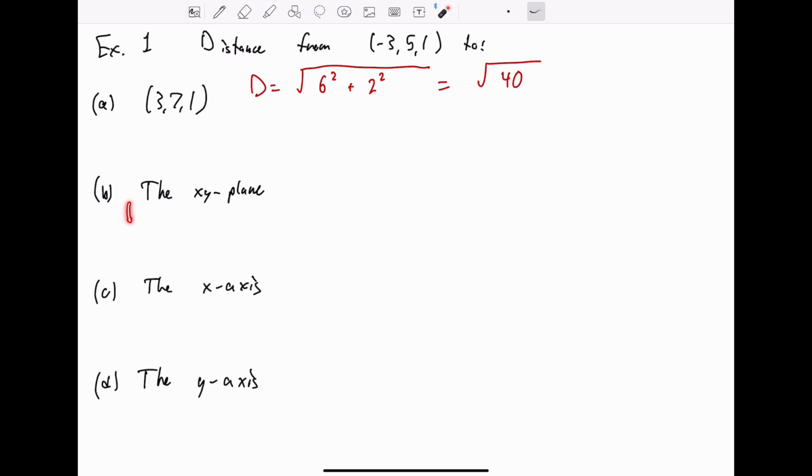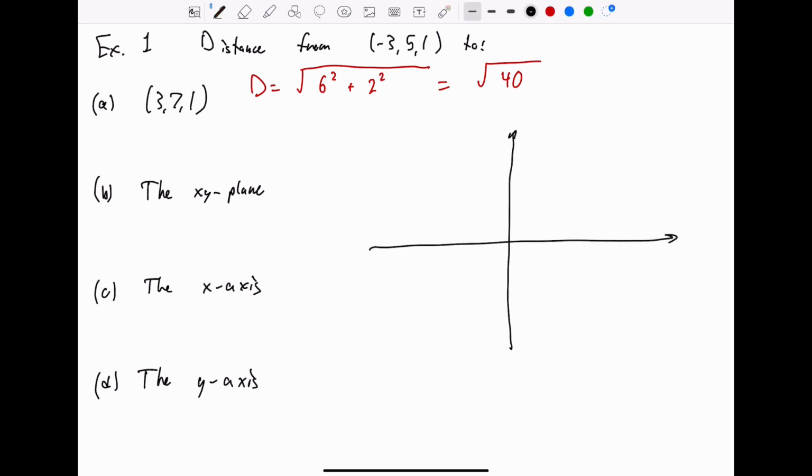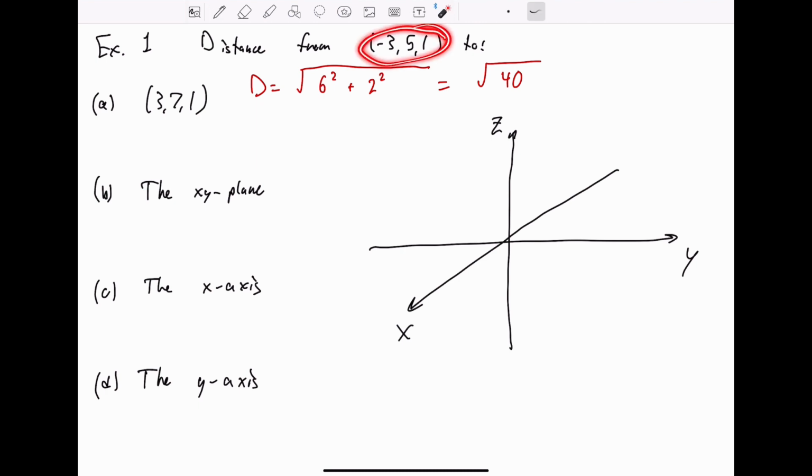How do we solve part B? What's the distance from this point to the xy plane? Let's try to draw it out to visualize this a little bit better. Here are the x, y, z coordinate axes. Here's x, here's y, and here's z. We're considering the point -3, 5, 1, so let's plot that point. We move a distance of -3 in the x direction.